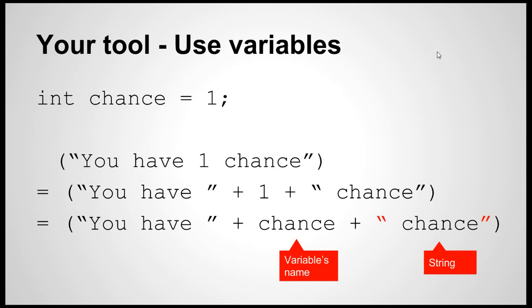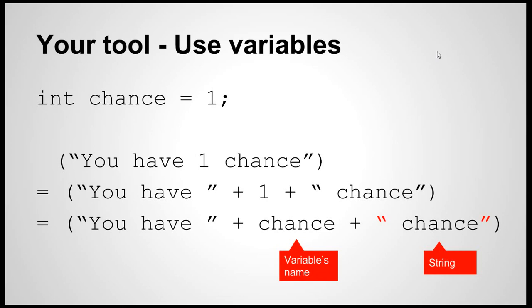So when the computer reads to this point, it will understand this is the name of a variable, so it will go ahead and substitute the name with the value. Then when the computer reads the other chance with the quotes outside that, it will recognize this chance as a string, and it will just print it right away without changing anything.